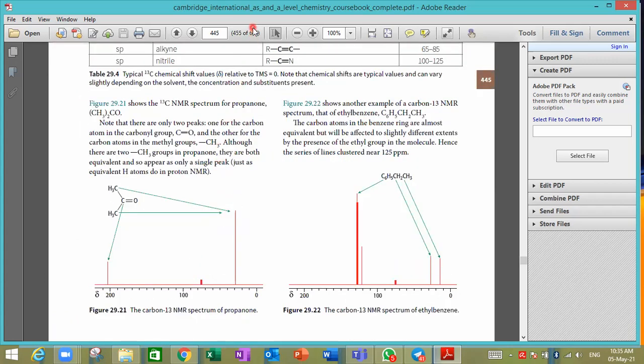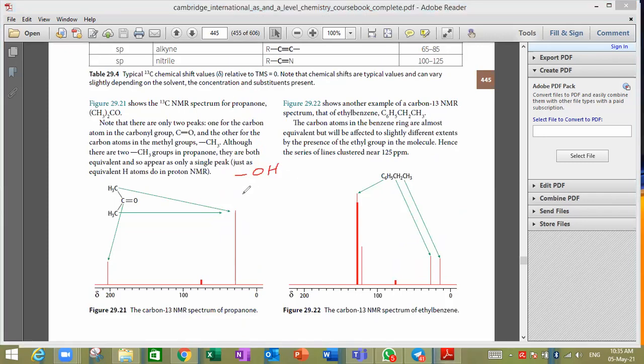Yes. We said that if we have an OH or an NH in our molecule, then this means that we are going to have only a single peak. We don't have a split peak. This is the first thing. Why do we have only a single peak and not a split peak that corresponds to what is neighboring it?